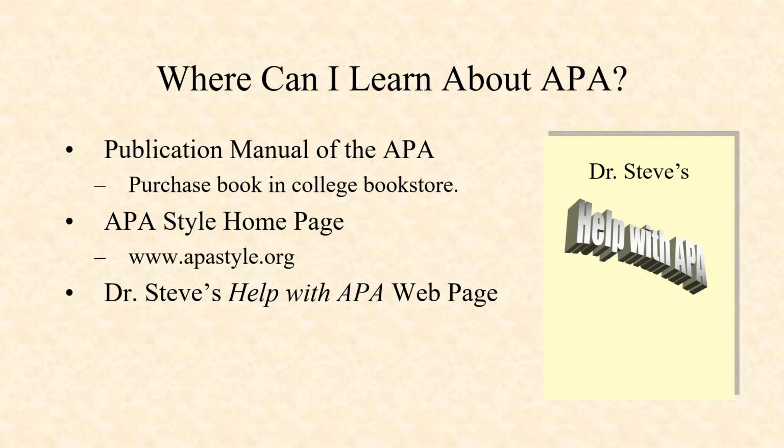I also created a web page called Help with APA. And on this page, and we'll walk through that throughout our course, you'll find a number of resources that can help you both in this course and in courses beyond, how to navigate the waters of APA formatting when you're creating your work.